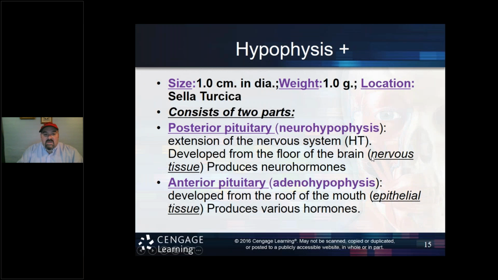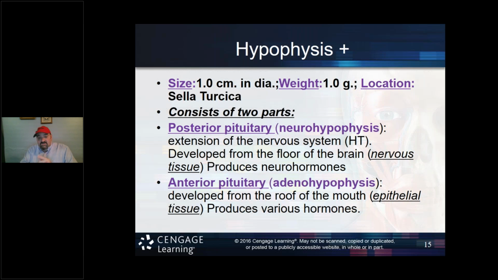All right. I mentioned a moment ago that the posterior pituitary is nervous tissue, an extension of the nervous system. The hypothalamus in particular is the origin of that nervous tissue in embryonic development. Really, the posterior pituitary is an extension of the hypothalamus.